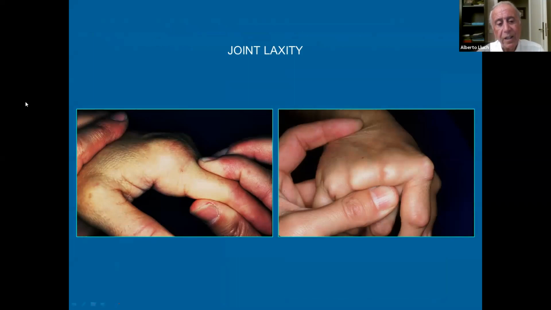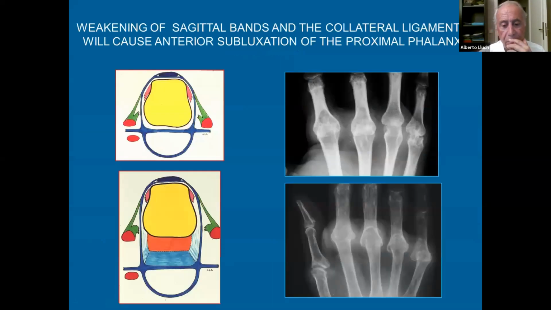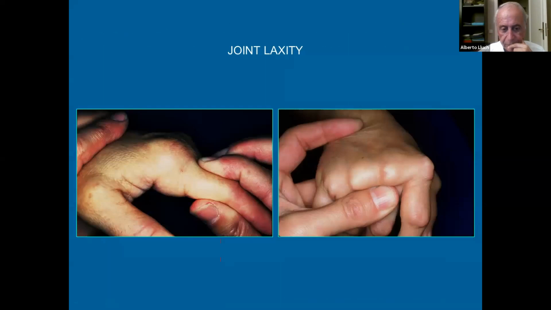You can tell if the collateral ligaments have been elongated. And the patient will be surprised that you can push the proximal phalanx underneath the head of the metacarpals, or even do an anterior-posterior displacement, which is possible in normal fingers dorsally, but not anteriorly. Anteriorly, it's impossible, always dorsally.